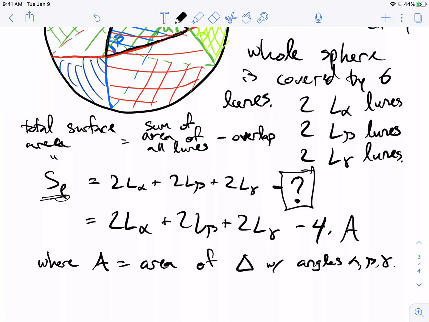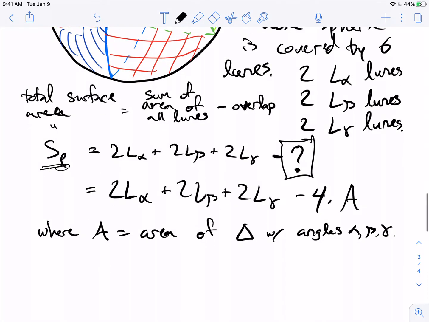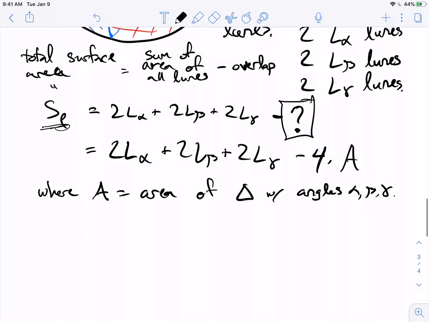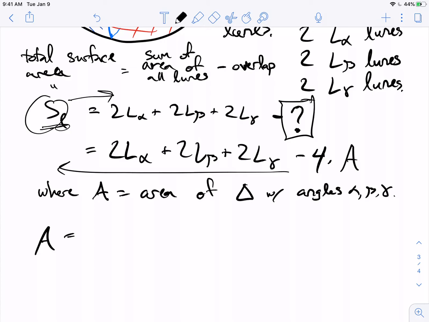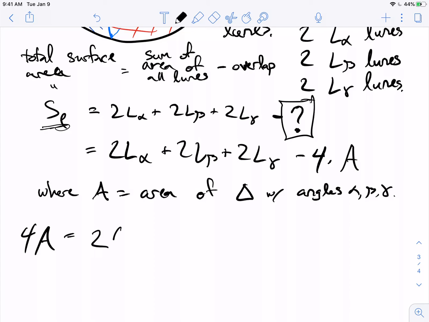Okay, and what I want to do now is solve for A in this equation. So I can move it to the left side here, and I'll move this to the other side there. So A, well, 4A at least, is equal to 2 times L alpha plus L beta plus L gamma minus S rho.